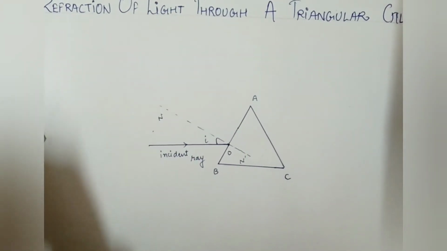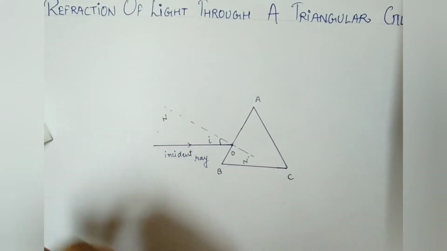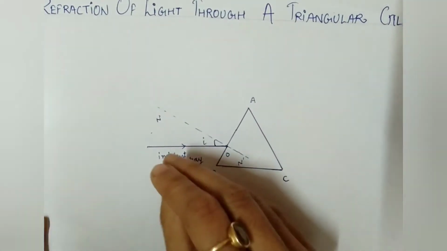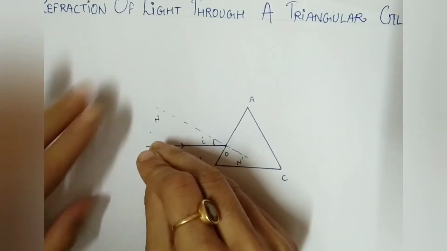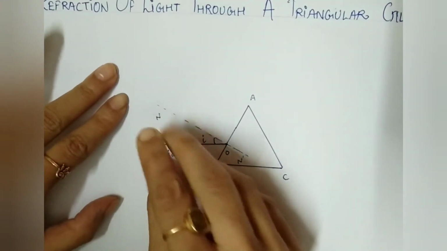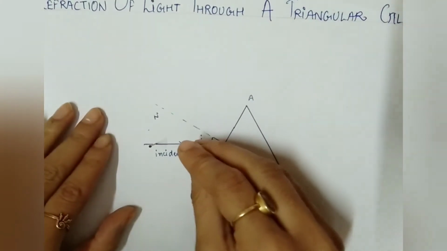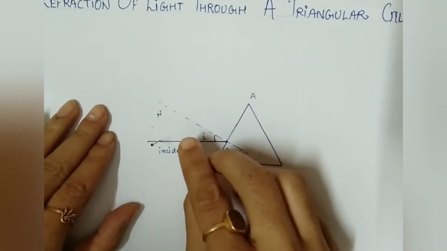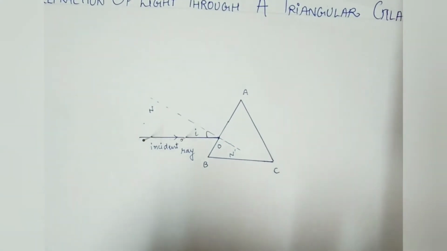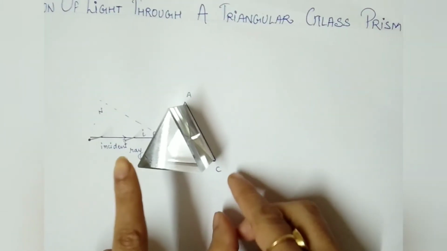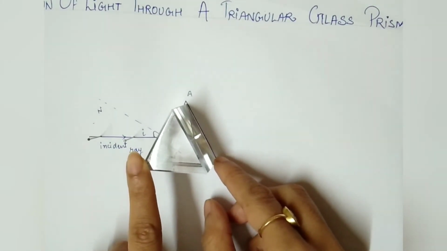Now we will place 2 awl pins at random positions and then we will place our prism at its position.